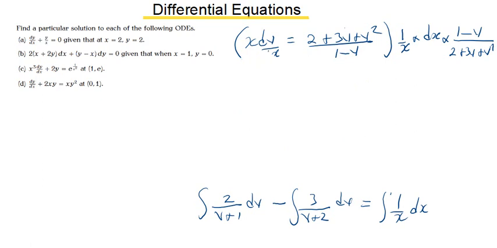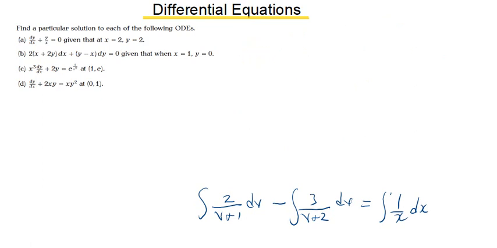What do we then get from that? Integrating, we get 2 ln of v plus 1 minus 3 ln of v plus 2 equals ln of x plus ln of c.